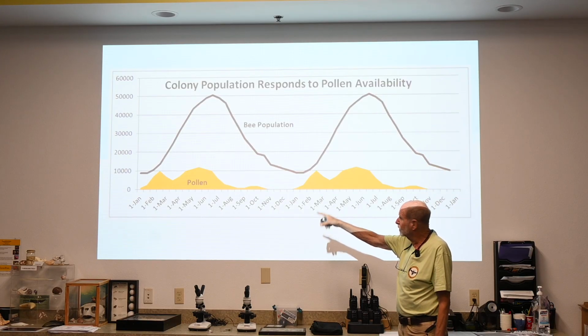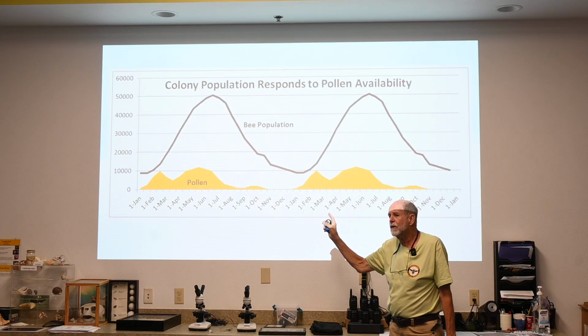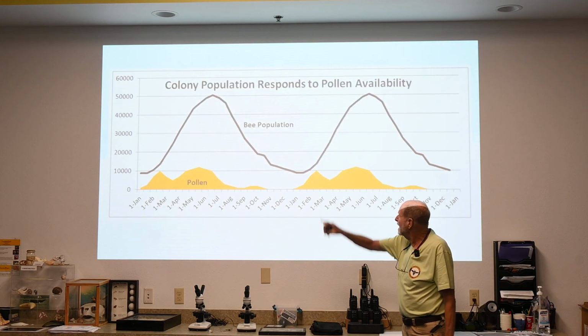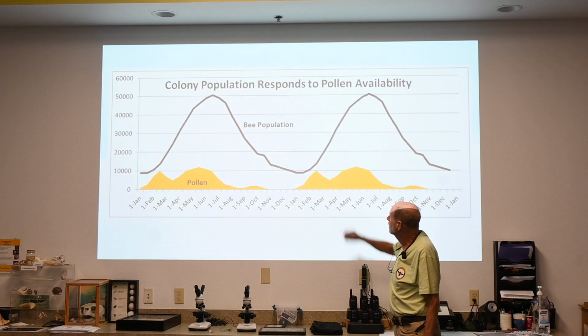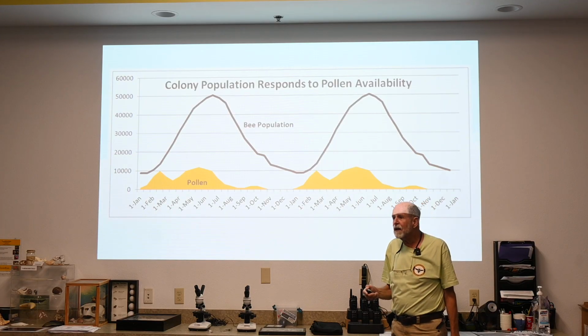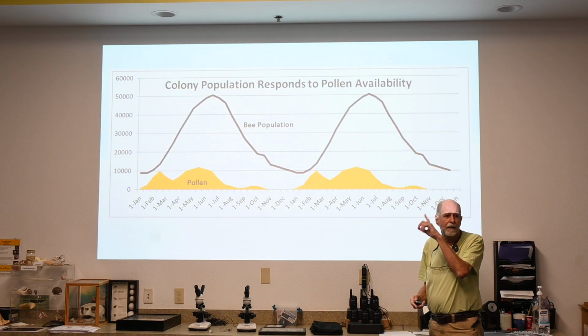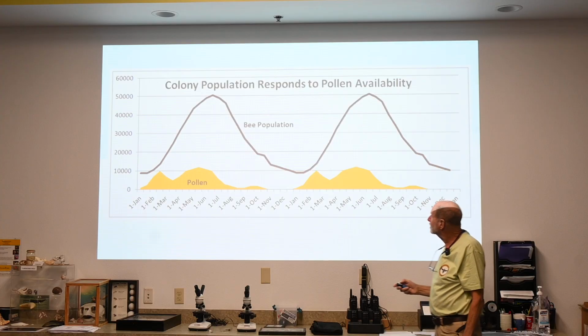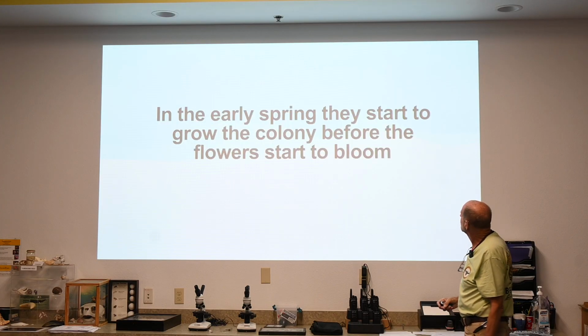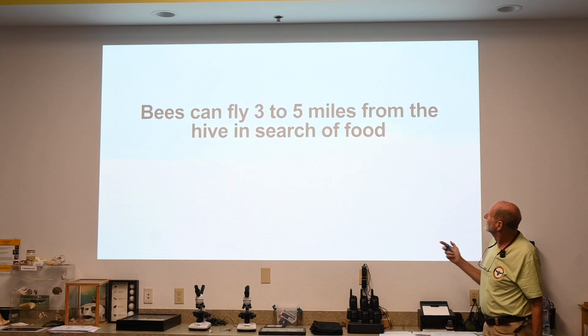Meanwhile, the bees themselves are storing like crazy because they need stores to carry them through the winter. And then in the winter, bee populations dip again. So the bees do plan ahead, and they can gauge their activities off of the seasons. Okay, we already covered that.